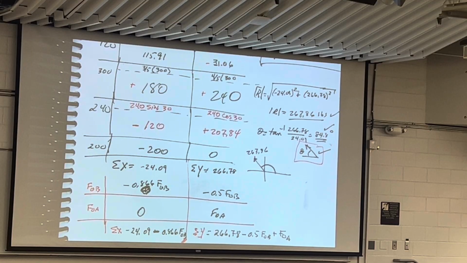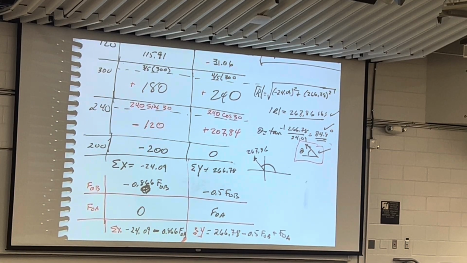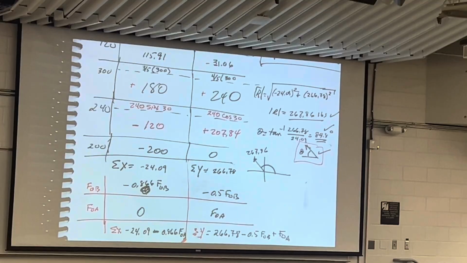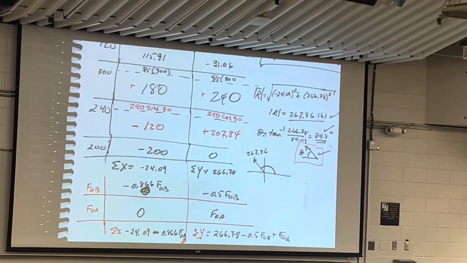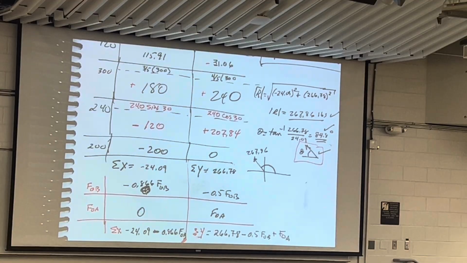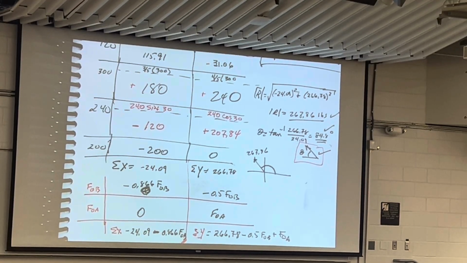That's my resultant. It said it was 0. It's got to equal minus 24.09 minus 0.866 FOB I plus 266.78 minus 0.5 FOB plus FOA J.